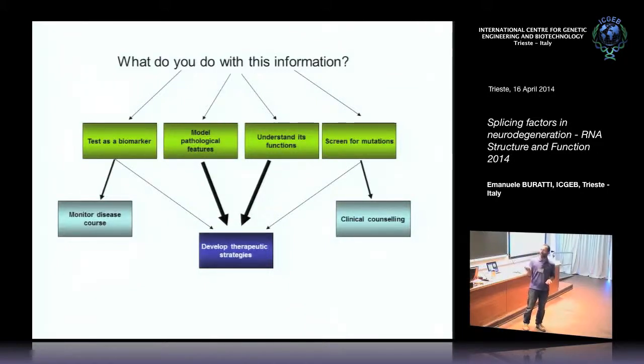This is important because when you have a good biomarker, you can monitor the course of the disease. You could find people who are at risk of developing the disease much earlier, before you see the symptoms. Because the problem with all these neurodegenerative diseases is that our brain is so good at making up for neuron loss.